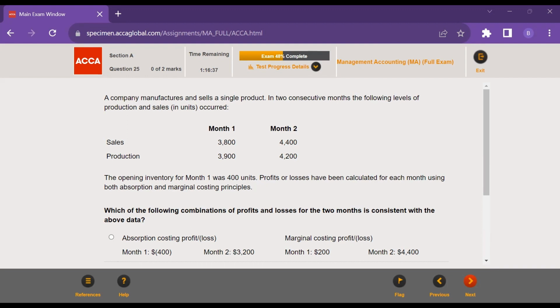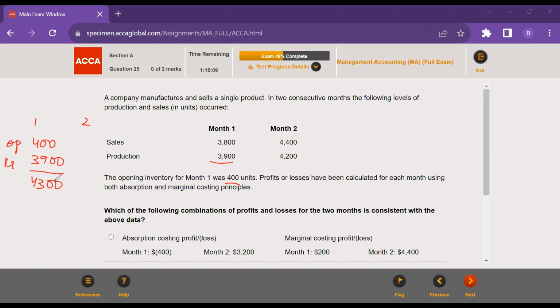So first of all, in month 1, we see that we have an opening inventory of 400 units. So I can say that this is month 1, this is month 2. My opening inventory is 400 units, plus how much have I produced? I have produced 3,900. If I add this up, my total becomes 4,300.